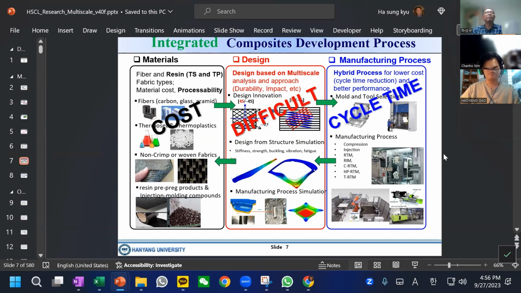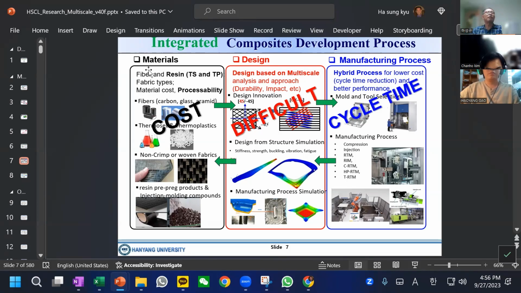Conventionally, with metal structures, we have different divisions. One division is for manufacturing, and these people just work on manufacturing. One division is for design, and they do just the design. One division is for material understanding, material characterization, and material procurement.